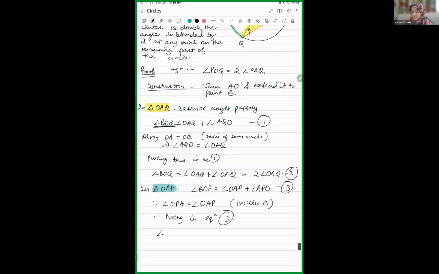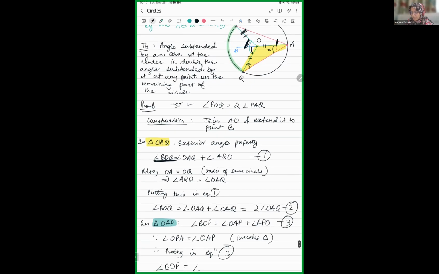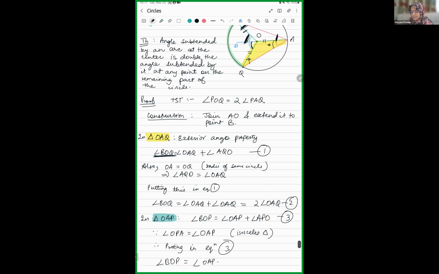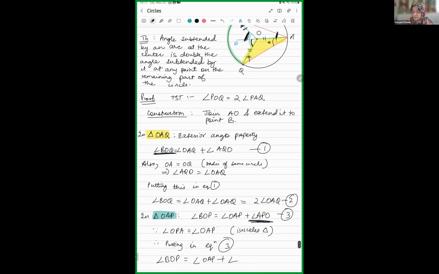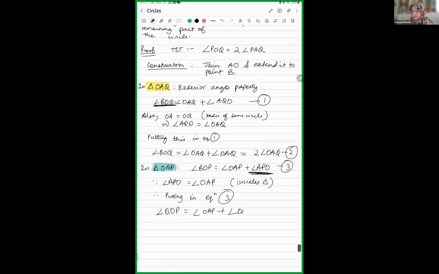We get angle BOP is equal to angle OAP plus angle, instead of APO, we are again going to write OAP, because they are both equal. So this is twice of angle OAP. This is equation number 4.